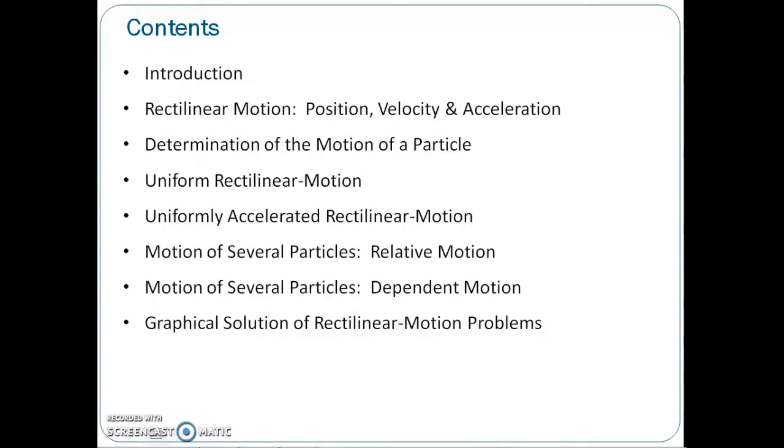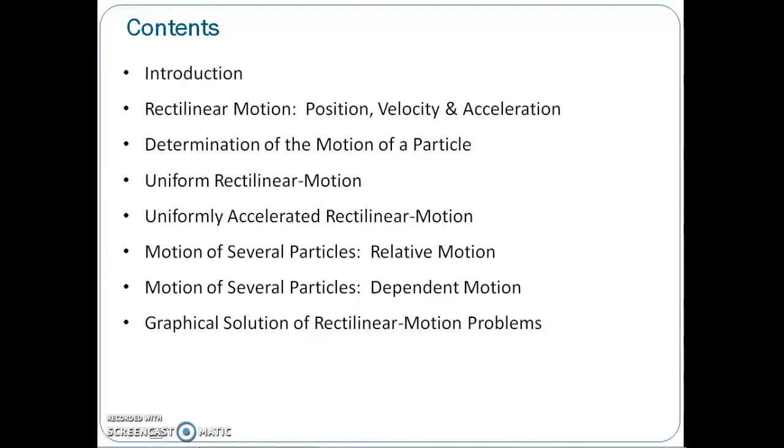Some general methods of analysis will be used to study the motion of the particles. Two important particular cases will be considered here. First, uniform rectilinear motion, then uniformly accelerated rectilinear motion. The simultaneous motion of several particles will be considered.